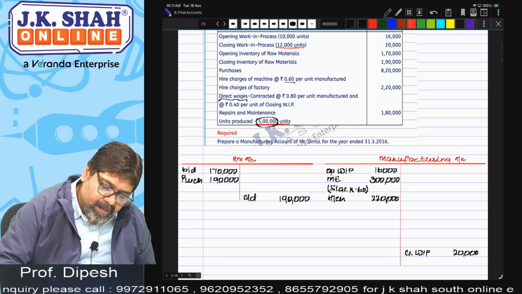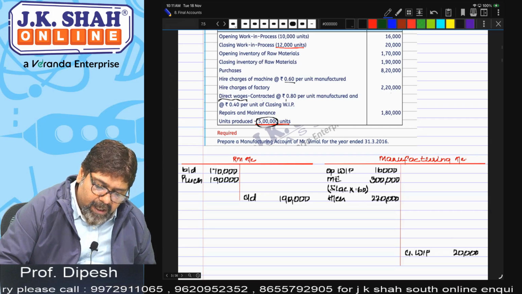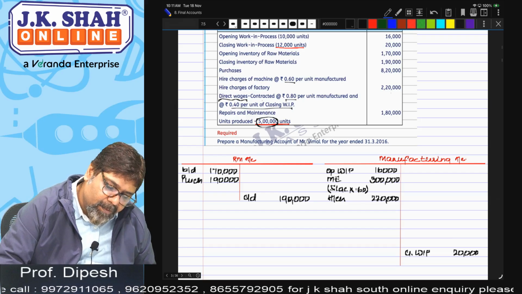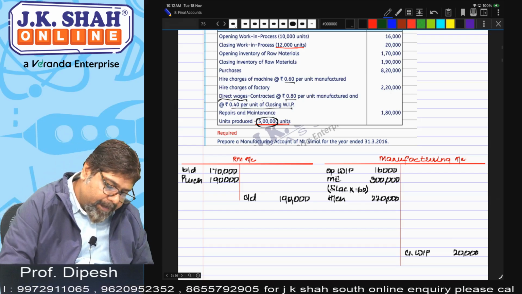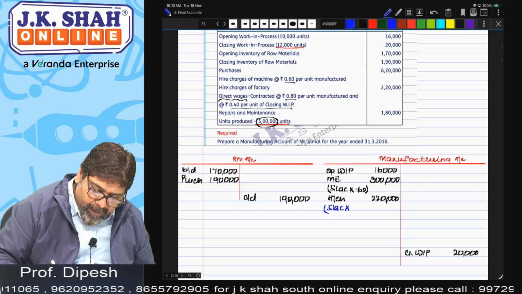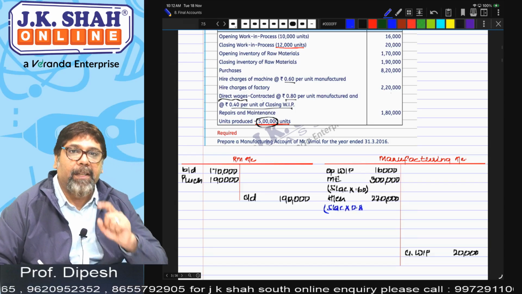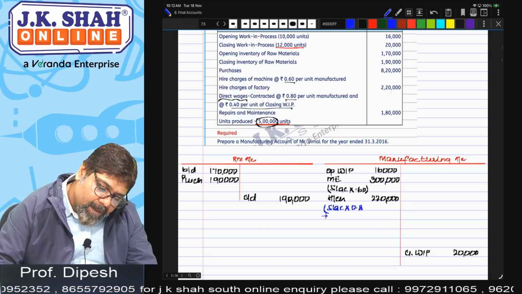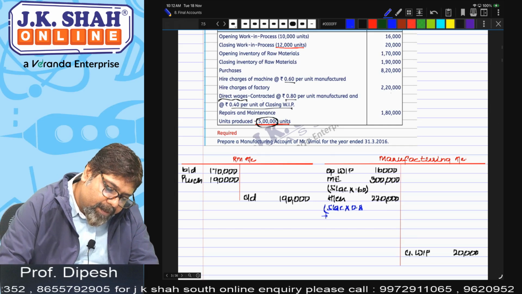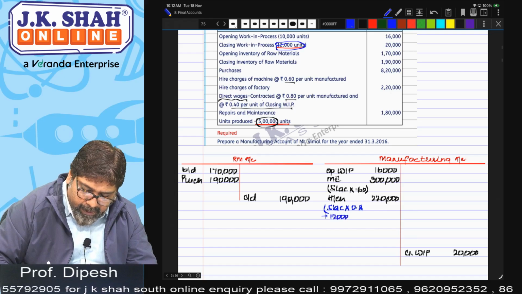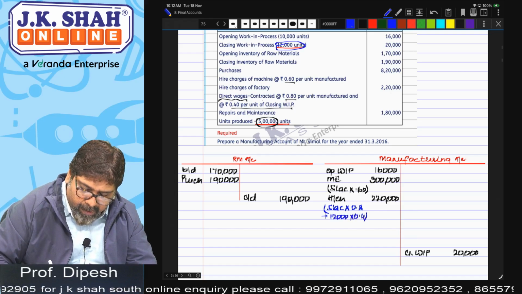Direct wages contracted at 80 paisa per unit manufactured and 40 paisa per unit of closing stock. So 5 lakhs into 80 paisa per unit manufactured plus 40 paisa on closing WIP. Closing WIP is how many units? 12,000. So 12,000 into 40 paisa.